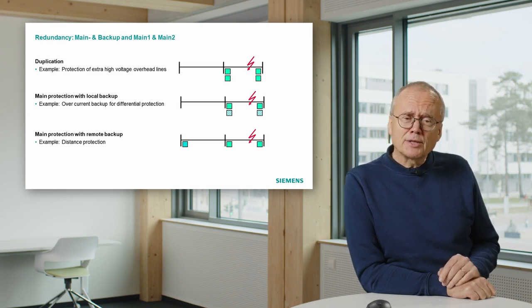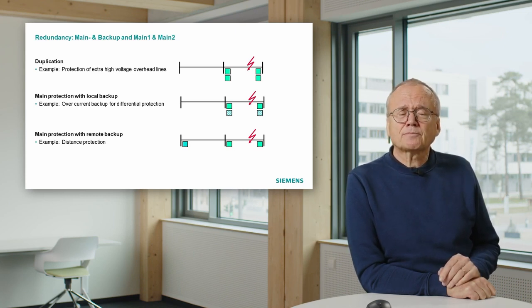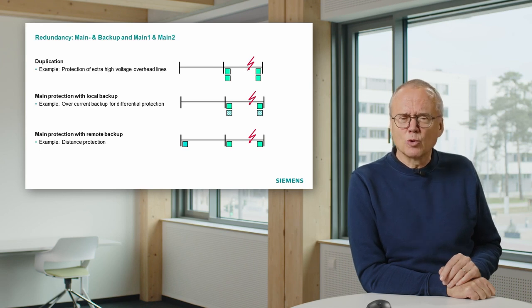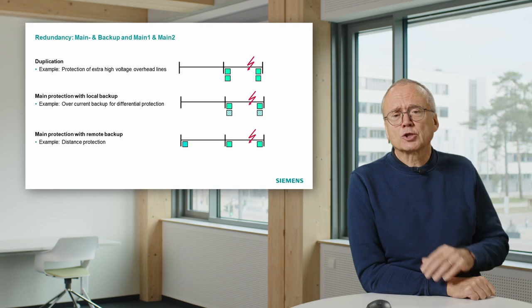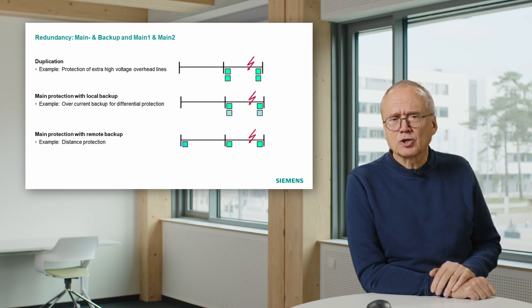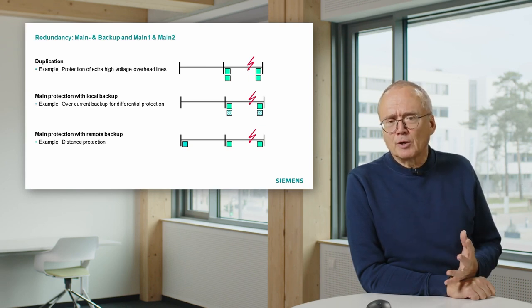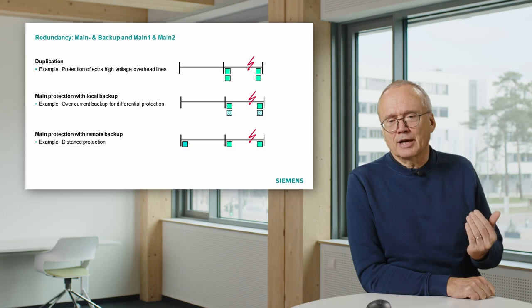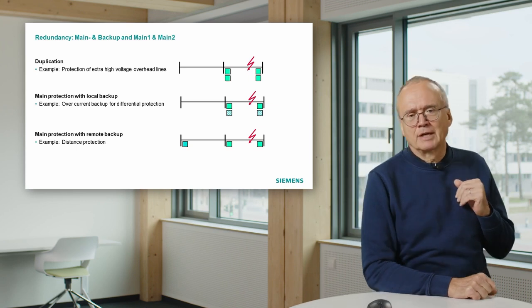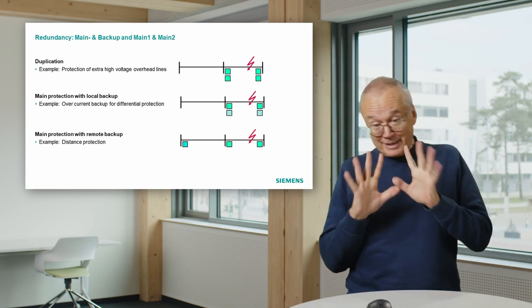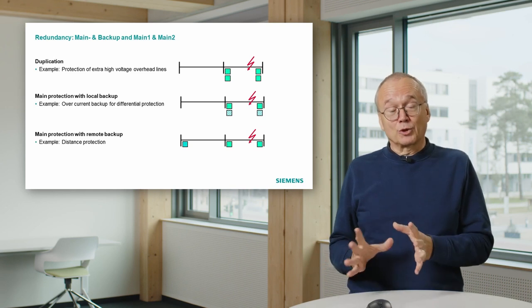But then if the fault is still there after some time, it will say, okay, this looks like a backup case now. Normally, the fault should be cleared in a pretty short time. If the fault is not cleared, it looks like a backup, I will trip. That means at least the fault is cleared. That's the good thing.